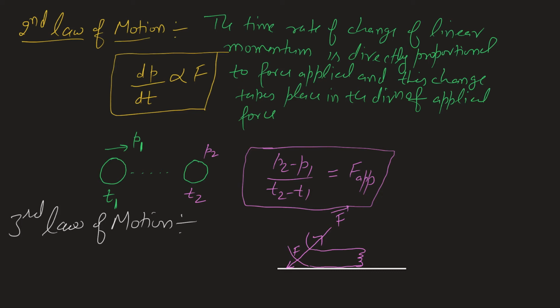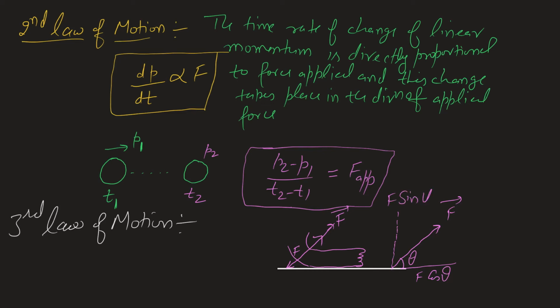So say this is the force of reaction offered by the ground, and if this is making angle theta, and if I resolve it into components, this component will be F cos theta and this component will be F sin theta.